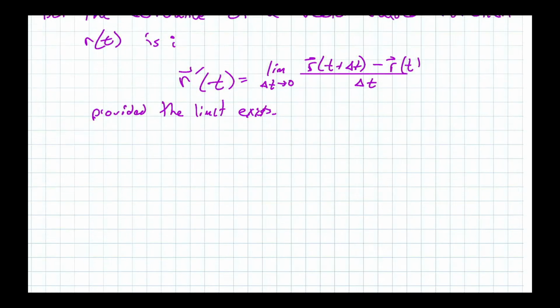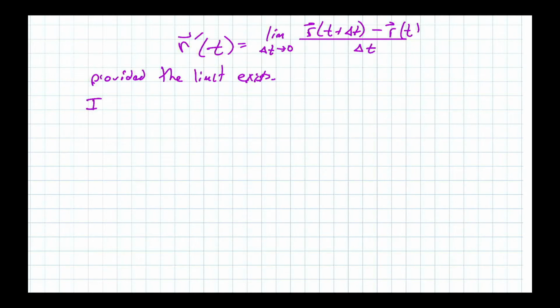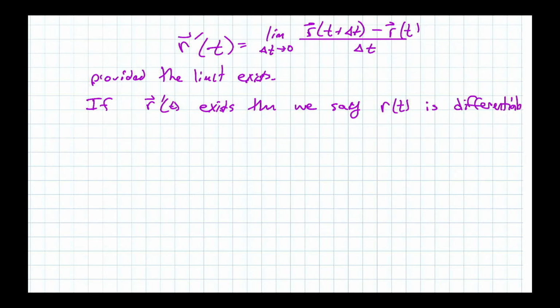Okay. And then we can make a couple notes here. If r prime of t exists, then we say that r of t is differentiable, right? Same language as calculus 1, it's differentiable at t.